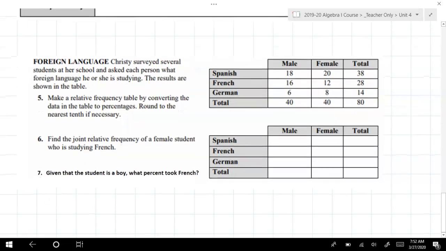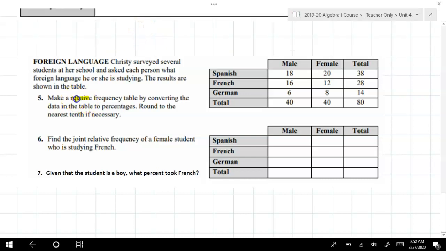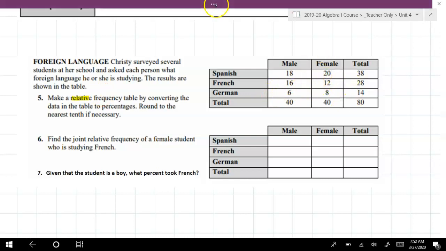So, Christy surveyed several students at her school and asked each person what foreign language he or she is studying. The result is shown in the table. Make a relative frequency table. So, this is the frequency table with just the numbers.